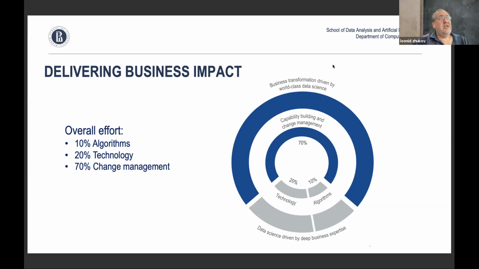So in order to succeed, you do need a champion from the business side that will push the solution forward, that will make sure this change management happens. Otherwise, all the data science effort will really remain just an academic exercise.